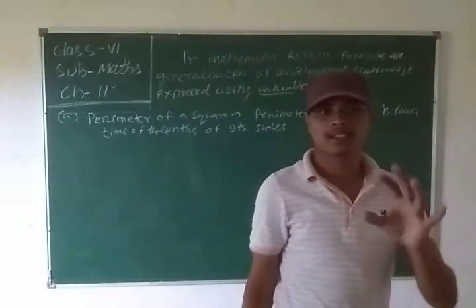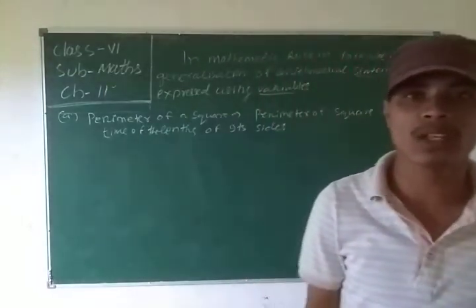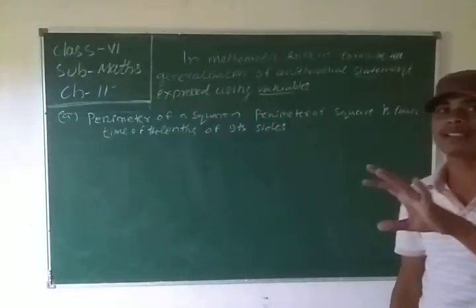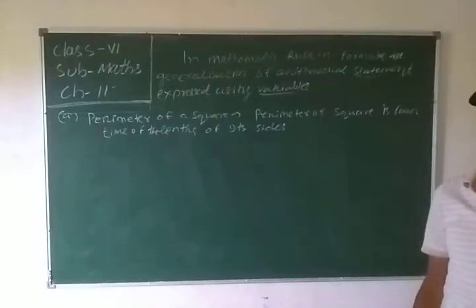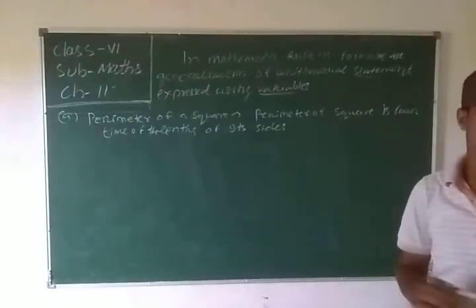That means if you want to find the perimeter of a square, we multiply the side by 4, and then we easily find the perimeter.